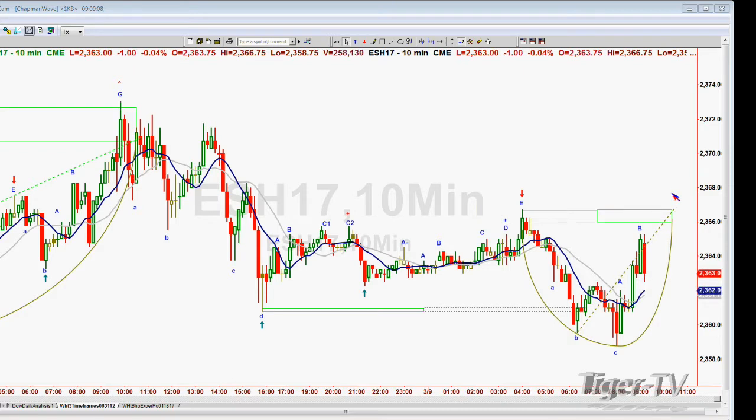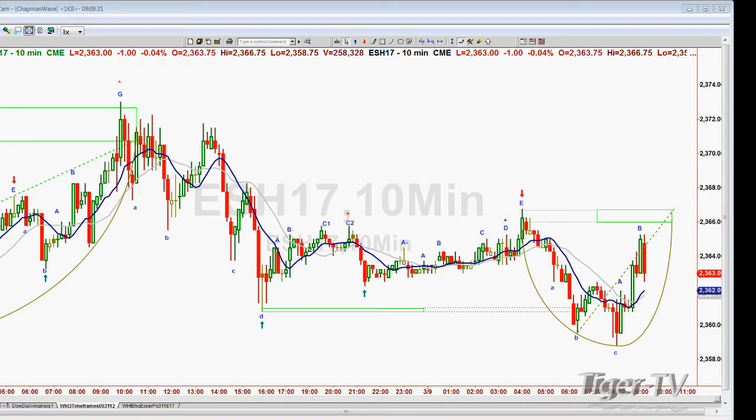That'll be when Tom and Tommy are doing their show, and that says if there is a rally, and this is a leg B, the idea in the Chapman wave methodology is to always try to get you to a peak D. Doesn't mean you can do it, but that's the objective of the Chapman wave: identify the lowest low bar, and then move successively higher, and each peak is named alphabetically.